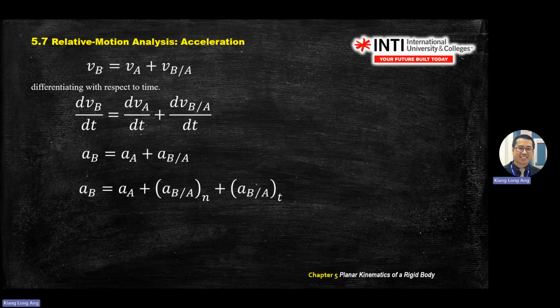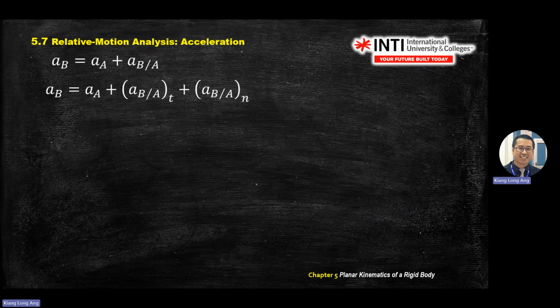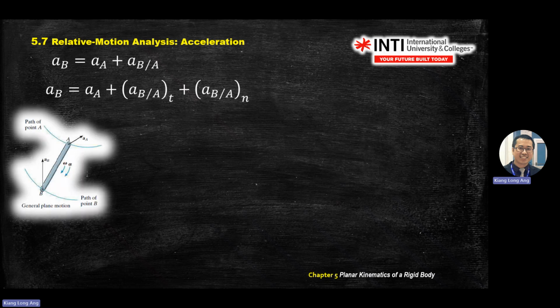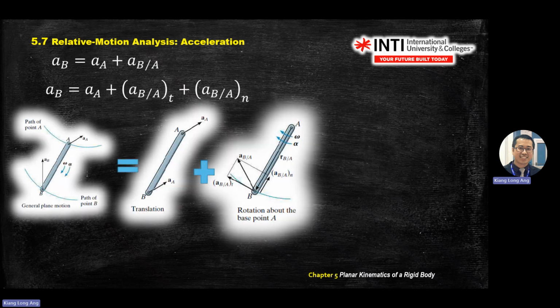Because now we are dealing with angular velocity. They should have a rotation, and rotation normally is a circular motion. This one already explained how general plane motion consists of translation and rotation. So this one you read. If rod AB rotates like that, it equals translate plus rotate.